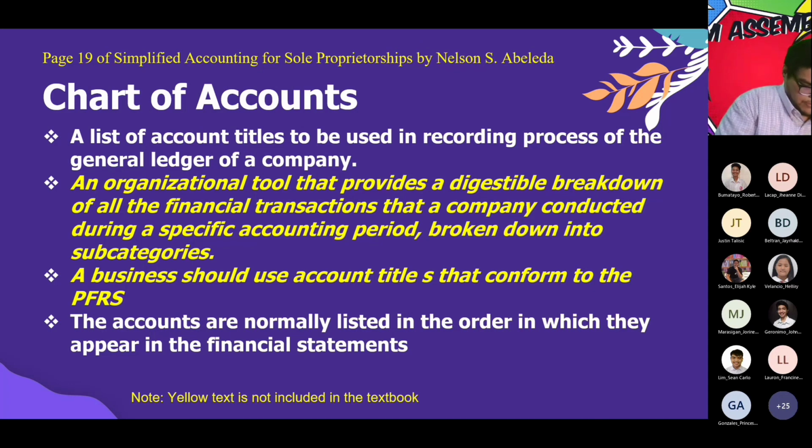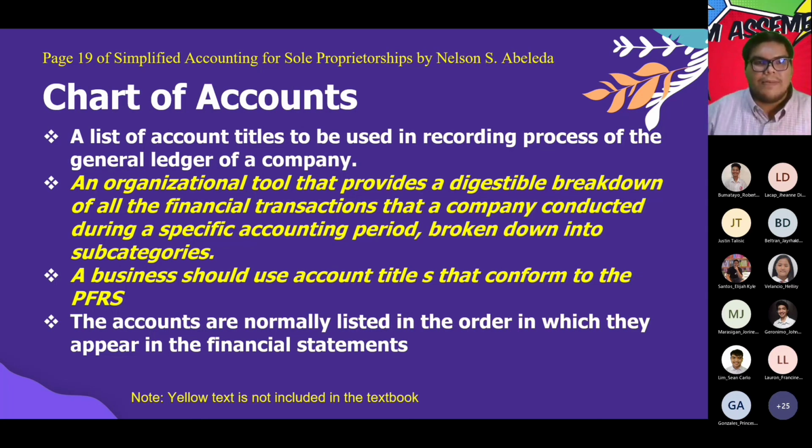An index of all the financial accounts in the general ledger of a company. Okay, si Bogay, di ko pa ba natatawag, Miss Bogay? Natawag na po kanina. Sige, ano yung chart of accounts? List of financial accounts set up usually by the accountant.